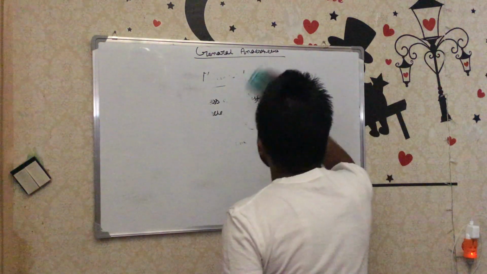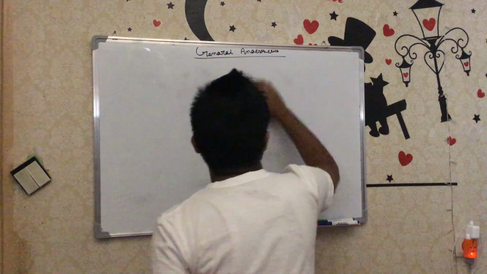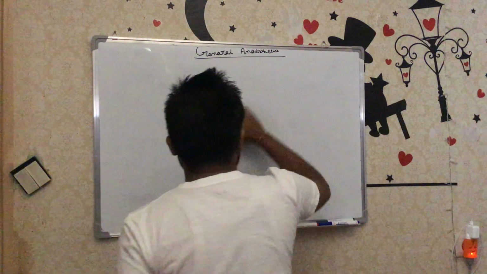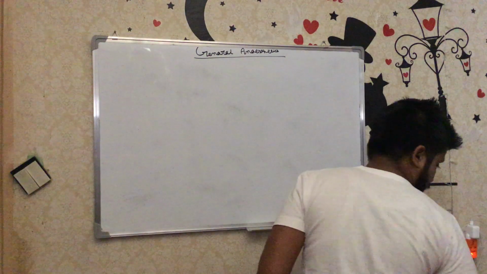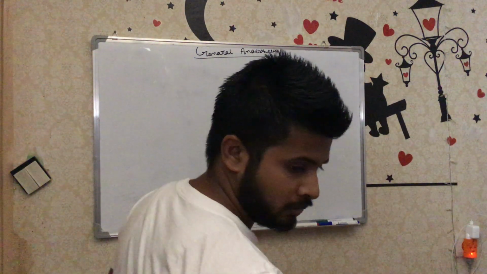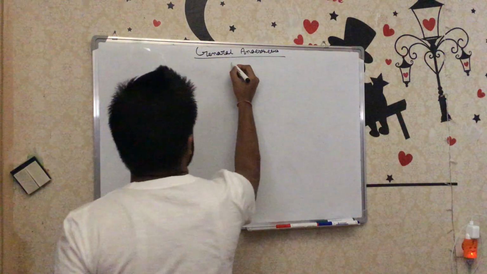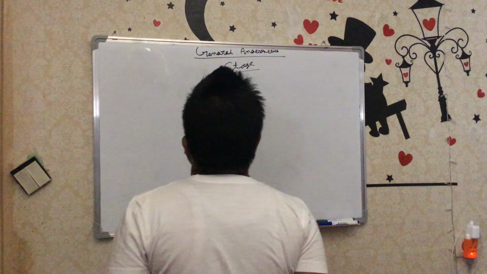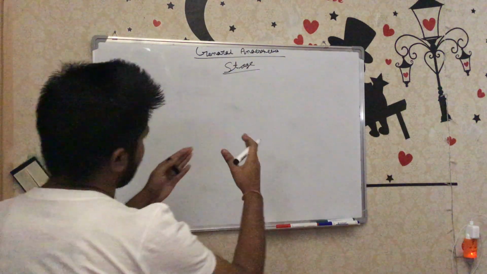And now we'll discuss the stages. It's very important, mainly for the anesthesiologist, because general anesthesia is given by the anesthesiologist. So stages. We have two kinds of stages: one is the general stages, one is the depth of the stages.